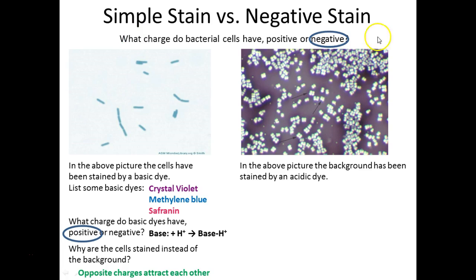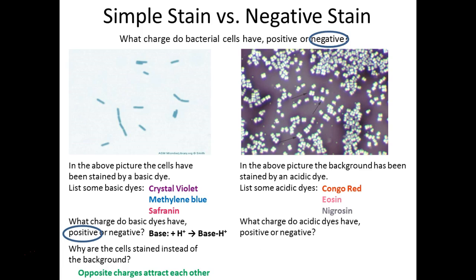Unlike what you see here, an acidic dye was used to do negative staining. The acidic dyes that we have in lab are Congo red and nigrosin, but another one sometimes used by microbiologists is eosin. These have what charge? They're negative.